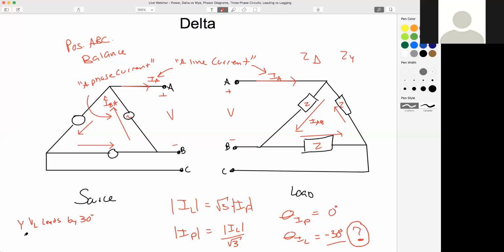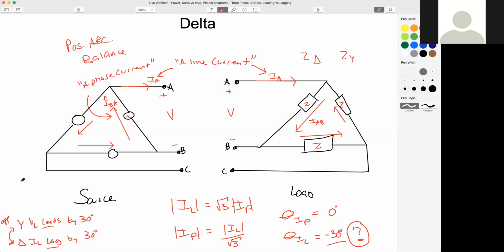And I know delta system, it's our line current this time that has that square root 3 times magnitude relationship. And I just know that they're going to be opposite. So I know that my line current this time is going to lag by 30. So that's how I personally remember it. Whatever helps you is what you should stick with.